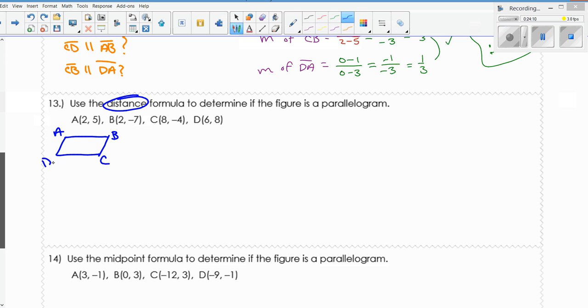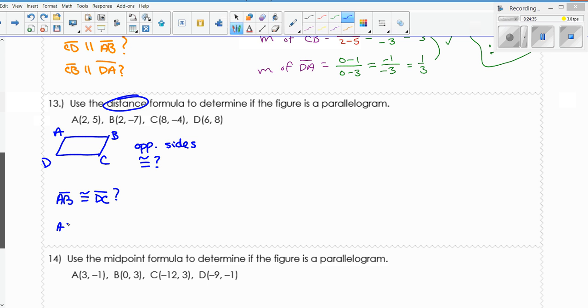So here's figure ABCD. What I want to know is, are opposite sides congruent? The last one, I wanted to know parallel because I was talking about slope, whereas this one I want to know opposite sides congruent because I'm talking about the distance formula. So is segment AB congruent to segment DC?